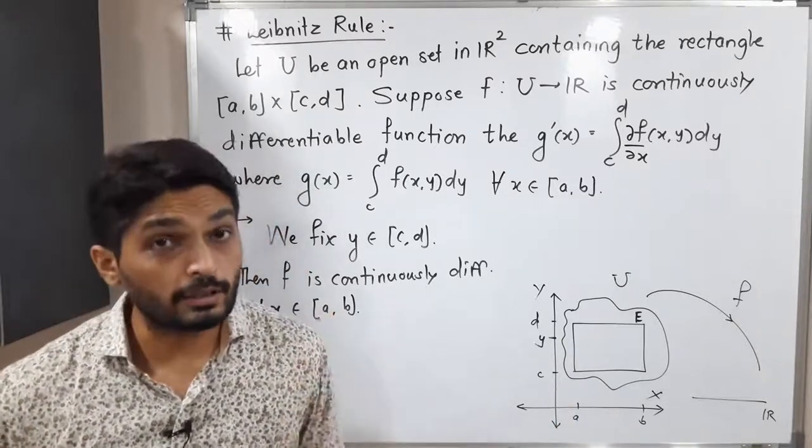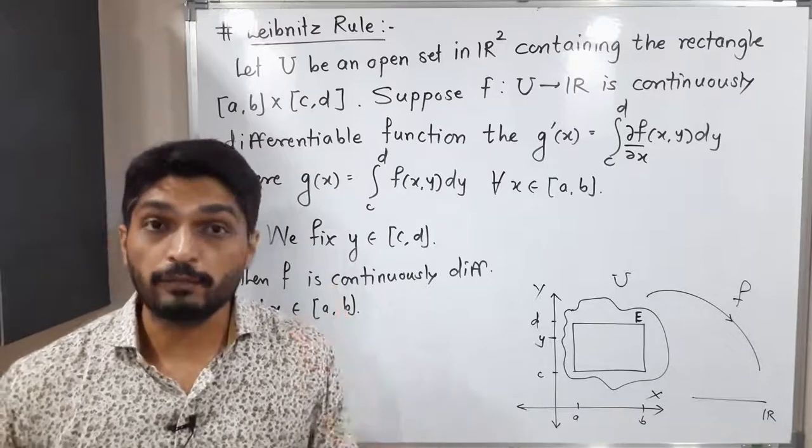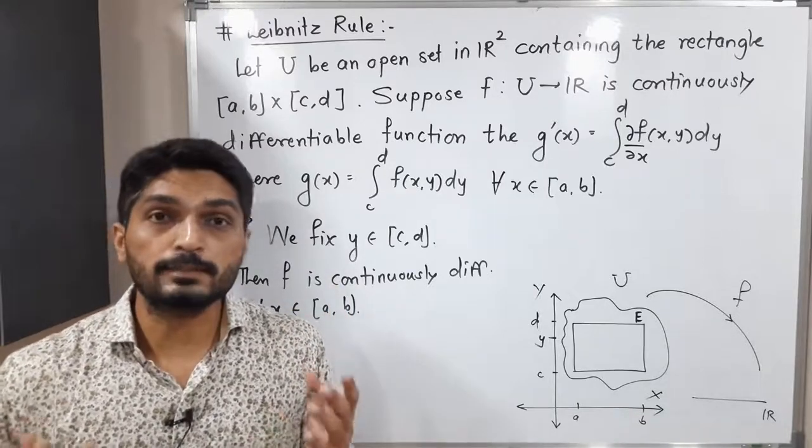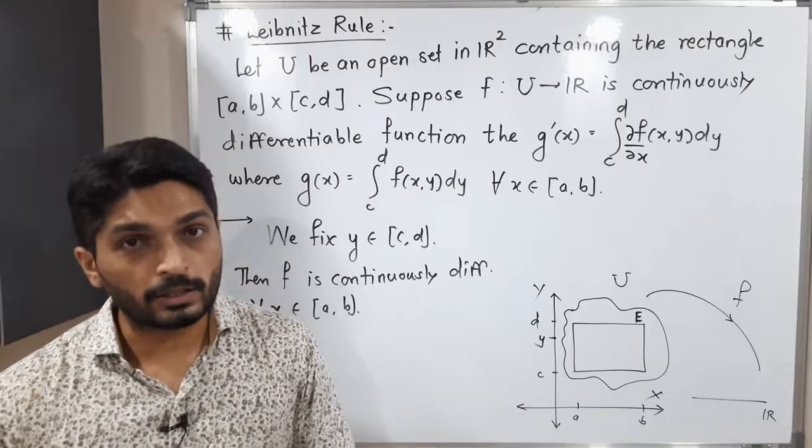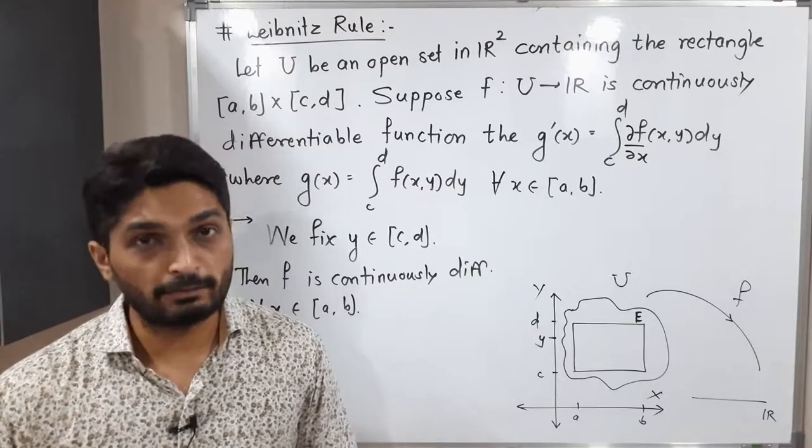That means the function is continuous as well as differentiable. So it satisfies both conditions of the mean value theorem. So definitely we can apply the mean value theorem here.